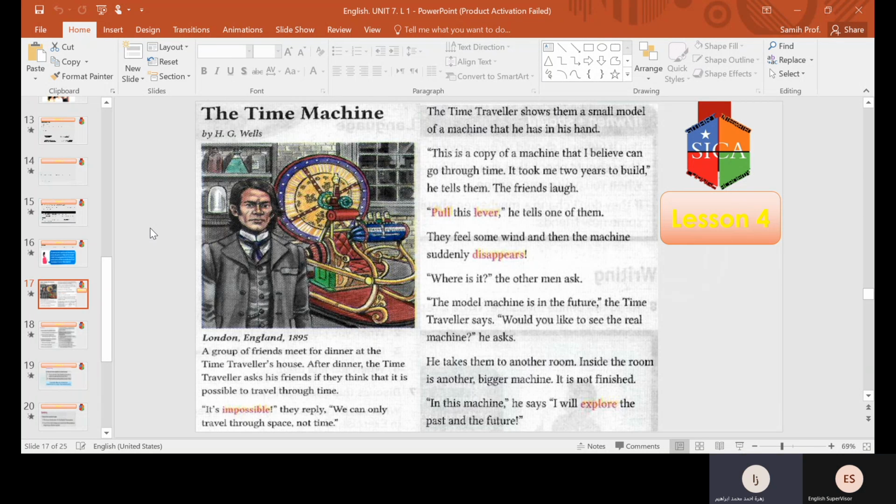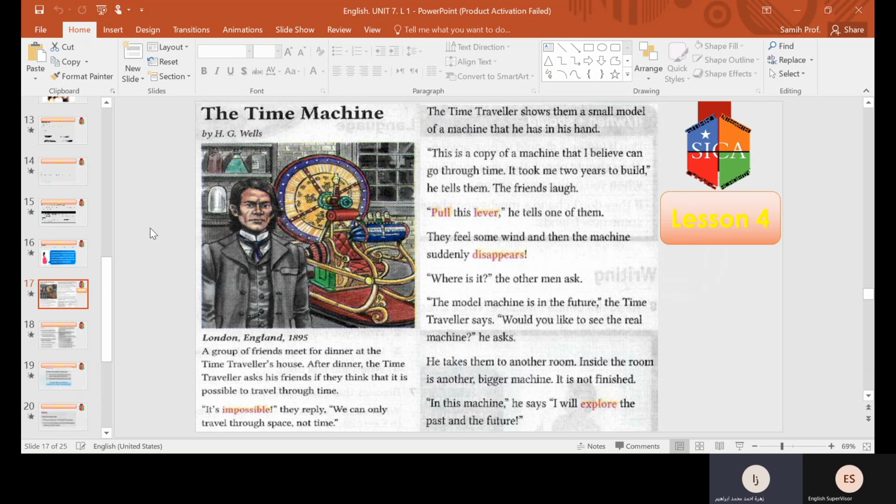This is a copy of a machine that I believe can go through time. It took me 2 years to build, he tells them. The friends laugh. Pull this lever, he tells one of them. They feel some wind and then the machine suddenly disappears.